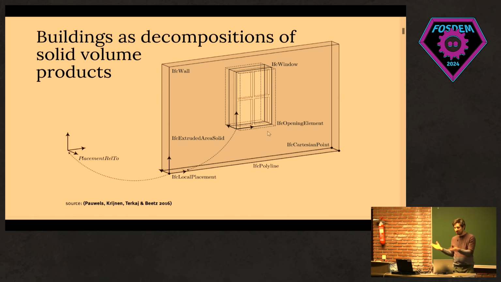Maybe there's a parallel to how the PCB community exchange models. But I would say for the last 10 years or so, we're more and more exchanging buildings as rich, semantic data models, where the models we exchange also have a meaning that computers can relate to.